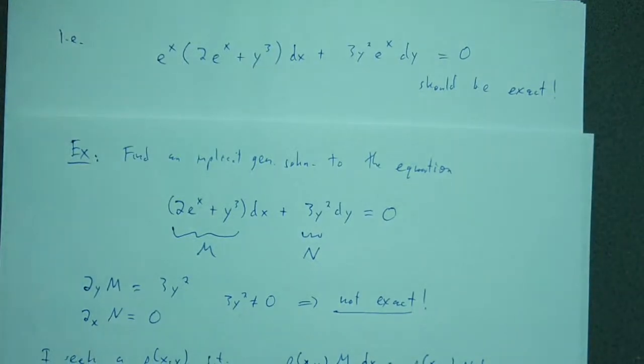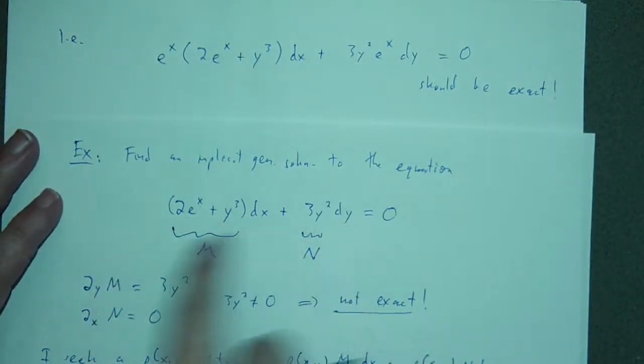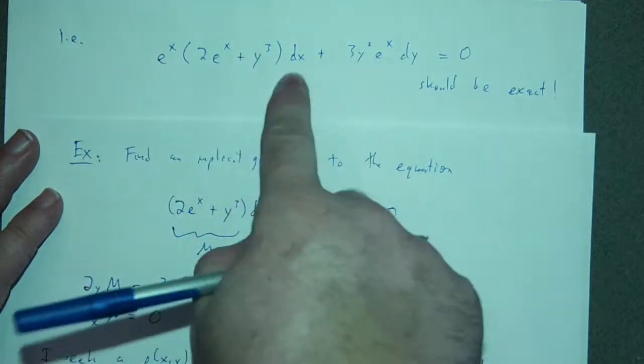That's what I'm claiming here. So I take this equation and multiply by rho, which is e to the x here. So this should be exact.